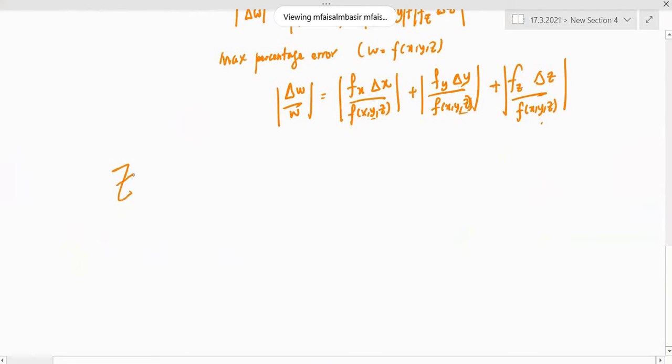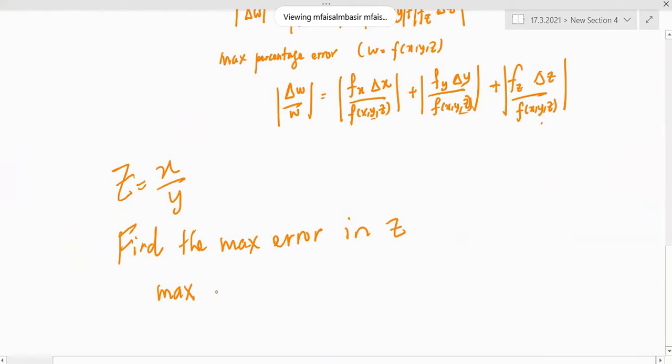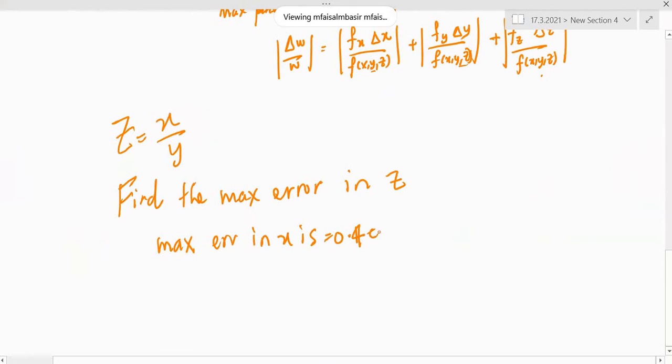Given Z equals to X over Y. Find the maximum error in Z using the derivative if the maximum error in X is 0.4 cm, and the maximum error in Y is 0.2.